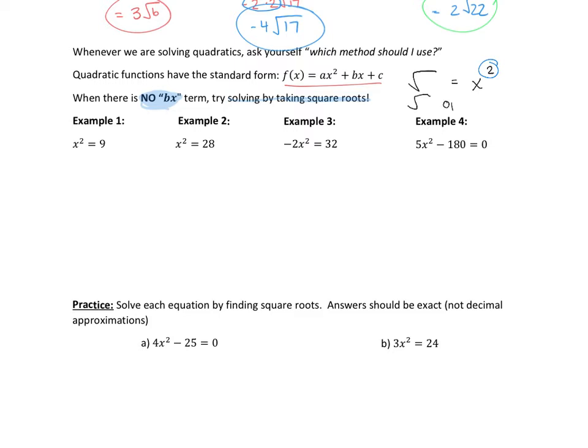So square root is opposite of x squared. And I'm going to circle the little squared to make sure you understand that that's what it's the opposite of. So the square root and the squared are the opposite.